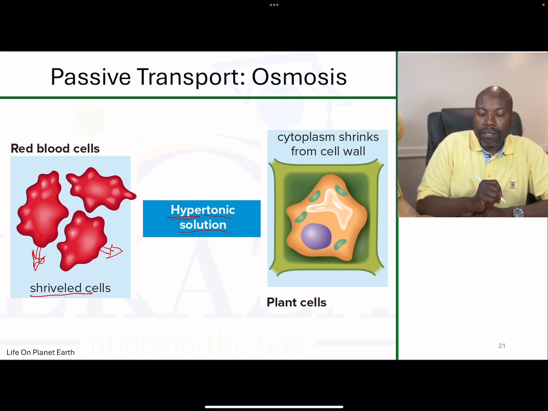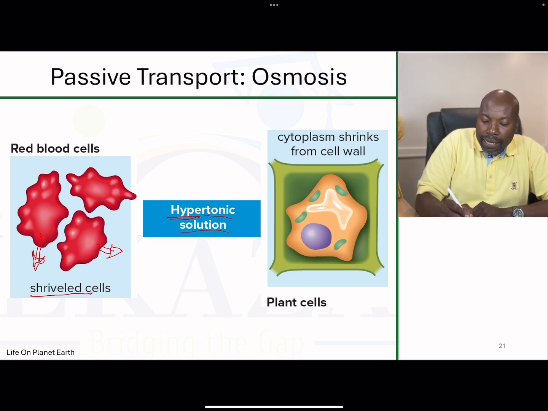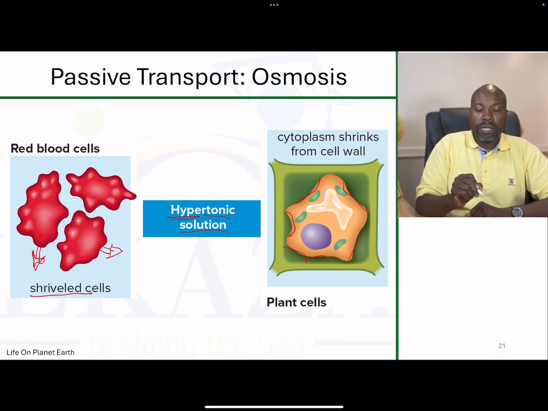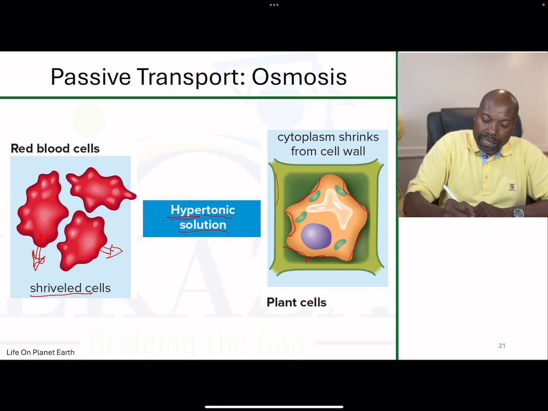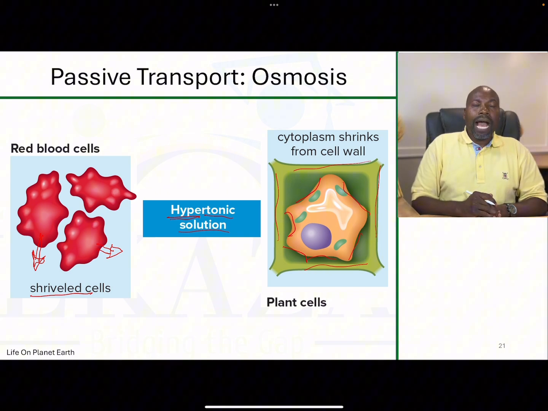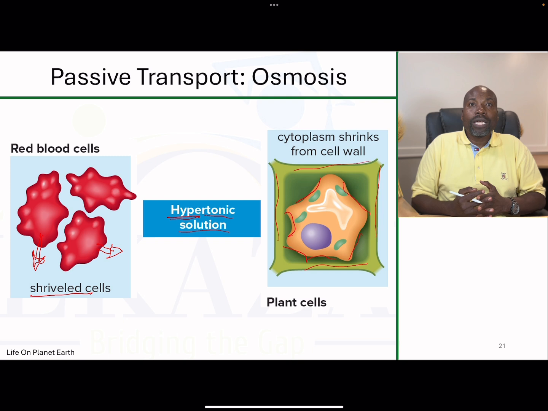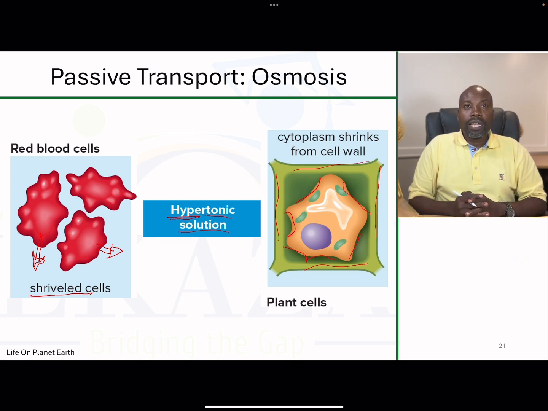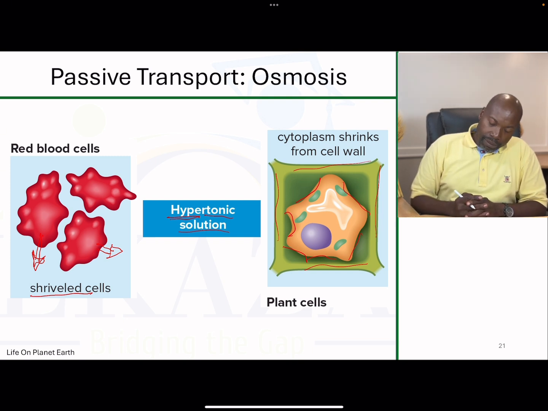Now, how about plant cells? Plant cells are going to shrink, but overall, the plant shape will not change. Why is that possible? Because of the cell wall, okay? However, in terms of how the plant is going to look in these conditions, the plants are going to be like this.